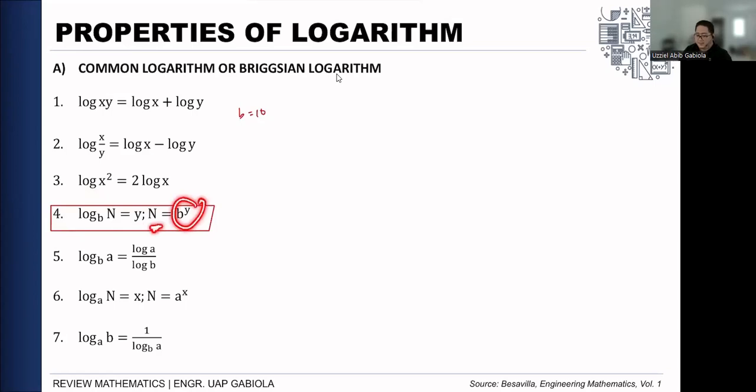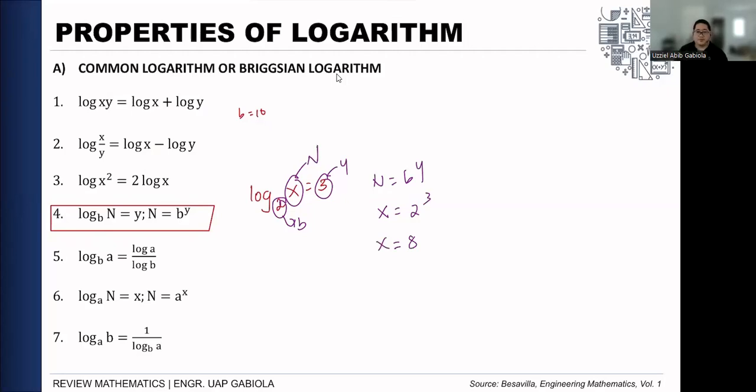So, ano bang example niyan? So, halimbawa, we have logarithm of base 2 of x is equals to 3, no? So, pwede daw natin gawin, since ito yung identified natin na b, no? Ito yung ating y, ito yung ating n. So, following yung formula na n, b, y, so this is also equivalent to x is equals to 2 raised to 3 or x is equals to 8.